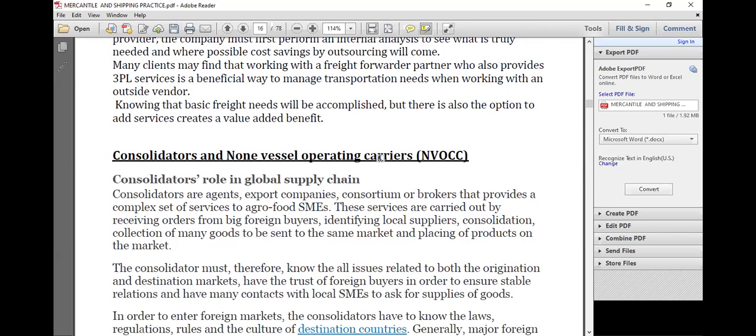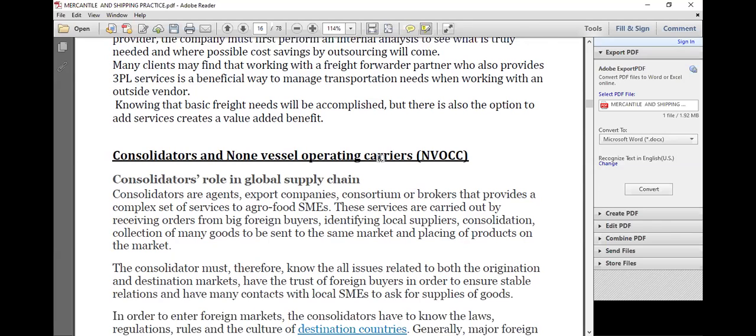They must have the trust of foreign buyers in order to ensure stable relations, and have many contacts with the local SMEs to ask for supplies of goods. So if you've decided you're working as a consolidator, you must be somebody who is knowledgeable about international trade. You must be somebody who has gained the trust of foreign buyers.